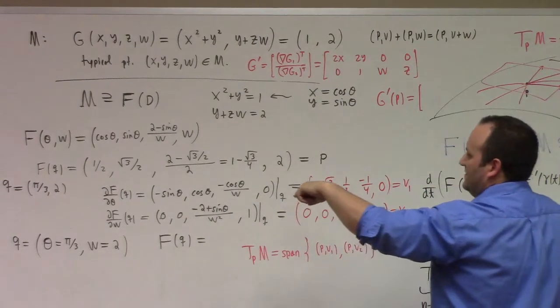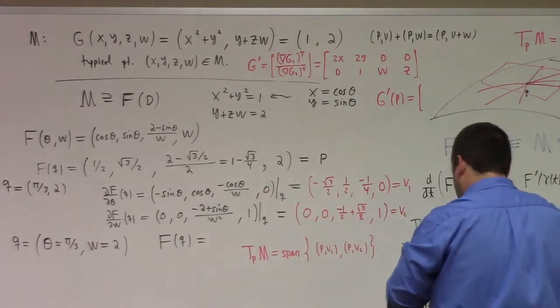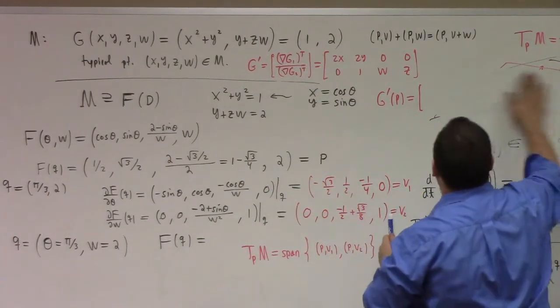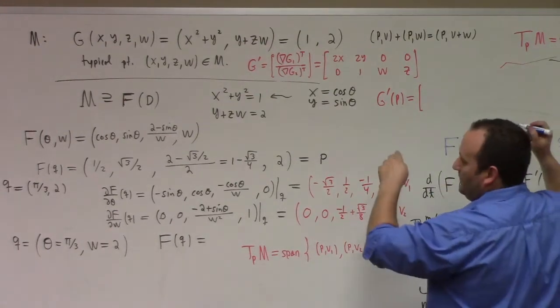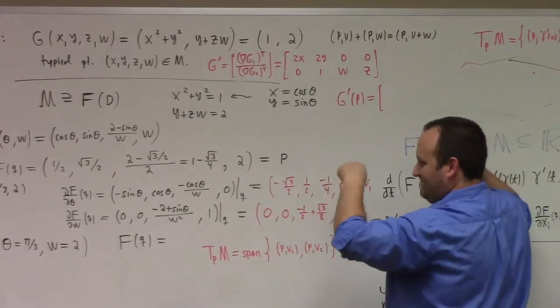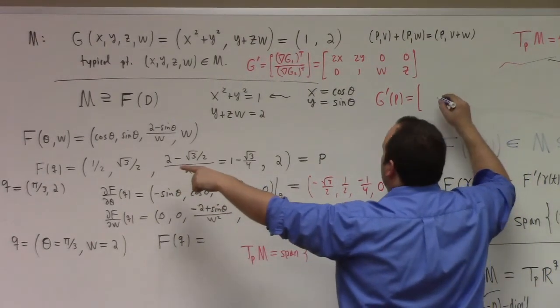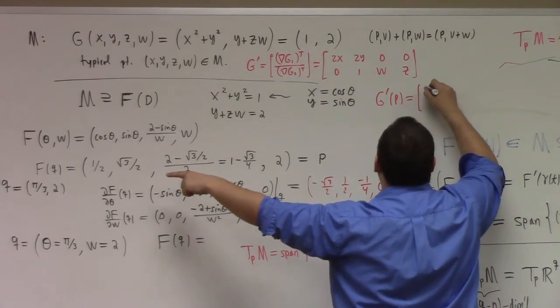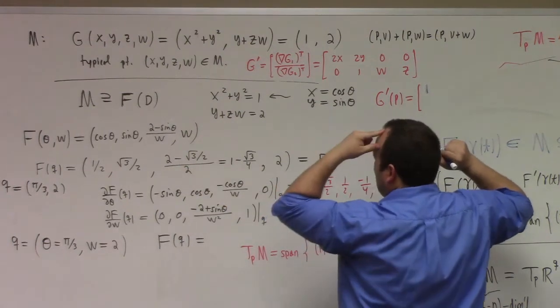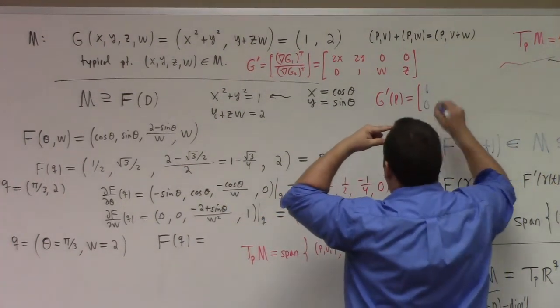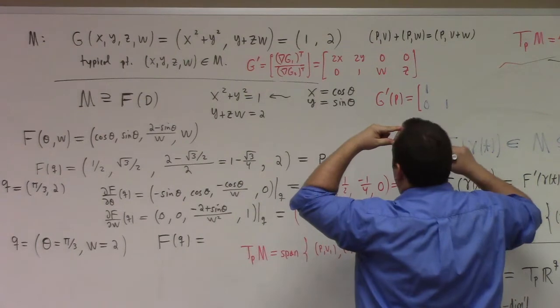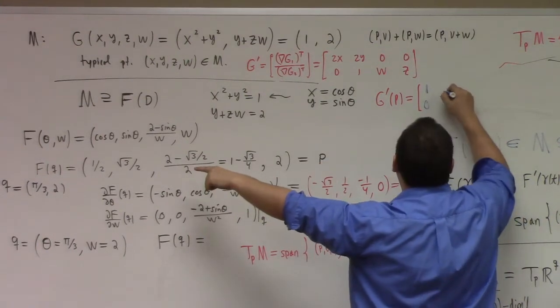G prime of P is that. So x is 1/2. 2x is 1, right? Then there's a 0 here for free. 1 here for free. 2y is what? Root 3.